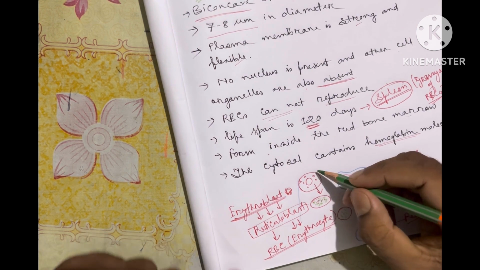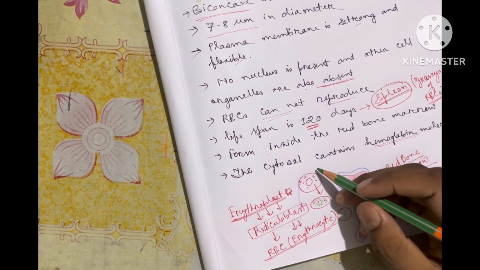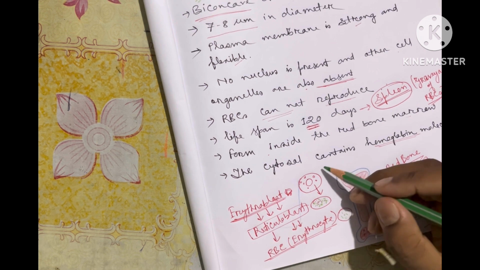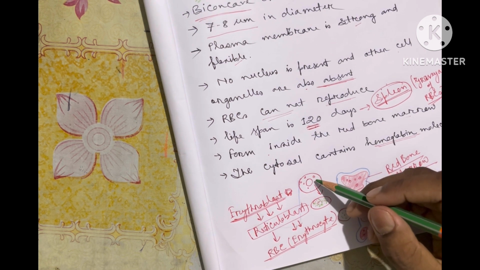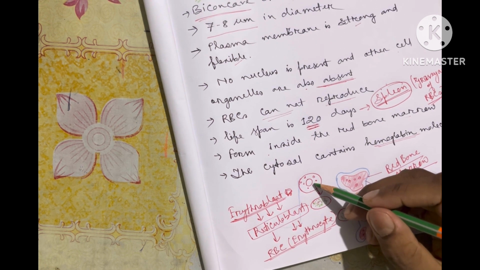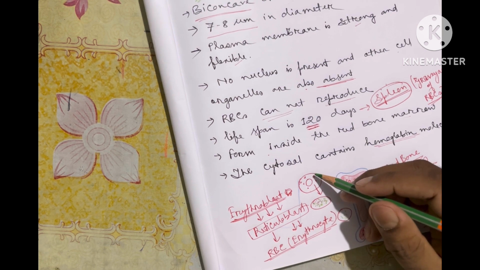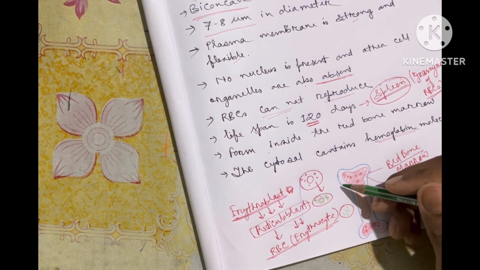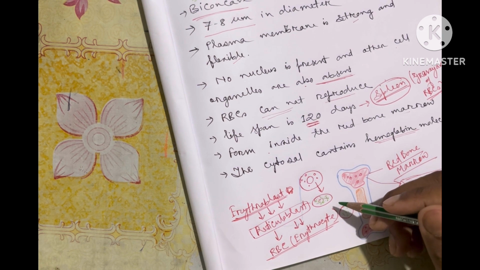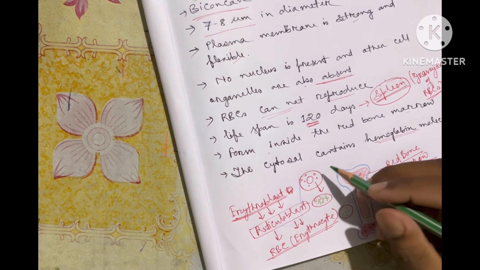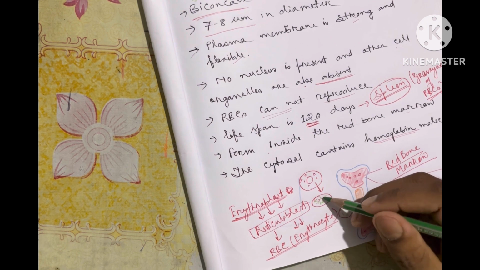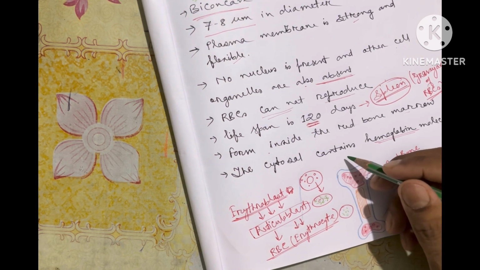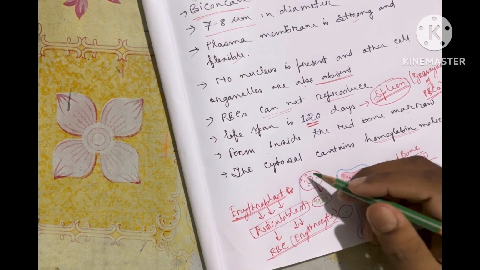So in the erythroblast, the nucleus and other cell organelles are present, but no hemoglobins are there. When the erythroblast converts to reticuloblast, the nucleus along with other cell organelles starts to disappear, and the appearance of hemoglobin is about to start. So slowly in the reticuloblast, cell organelles are disappearing and hemoglobins are appearing.